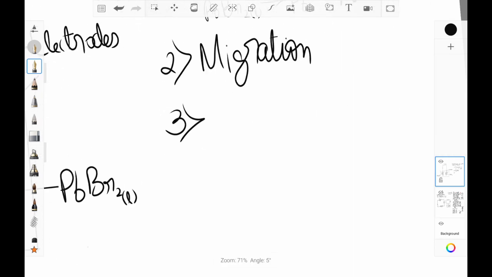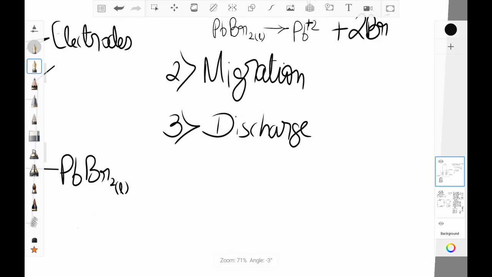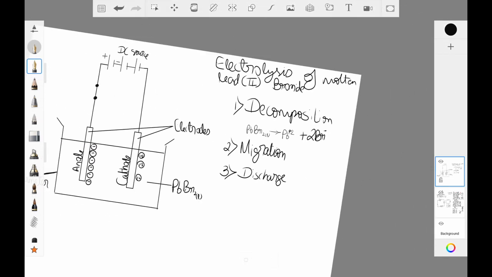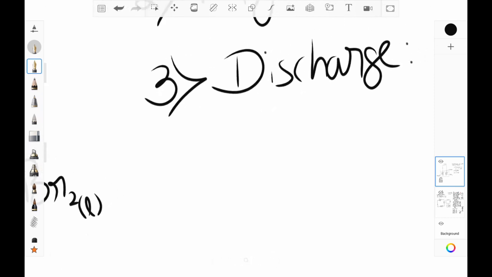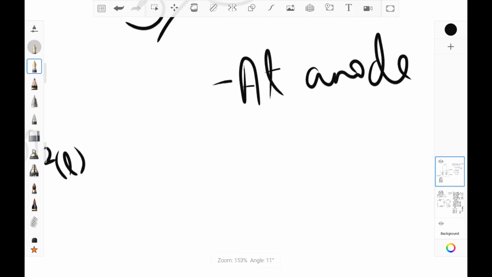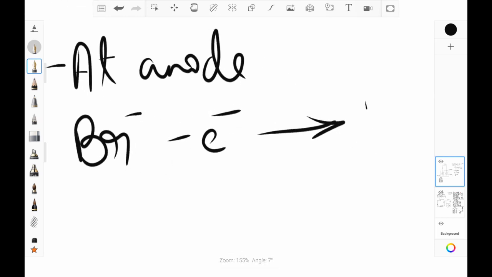Now, okay, let's just do it. Discharge. I like to start with discharge at the anode, and I'll explain why first. So discharge at the anode, you have the Br minus, the bromide ion, which will lose 1 electron to form bromine.